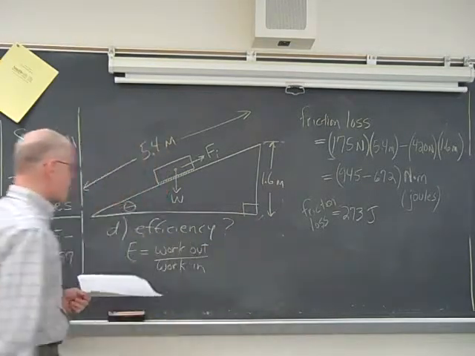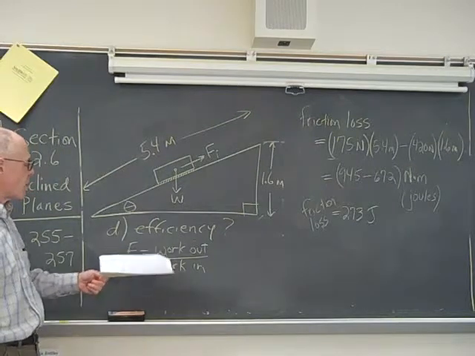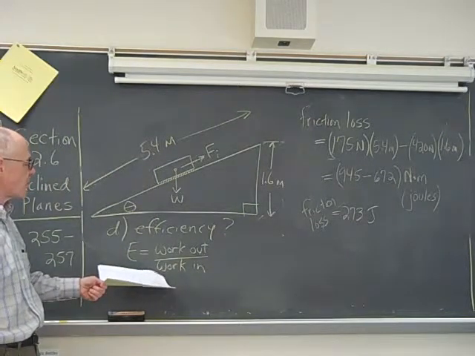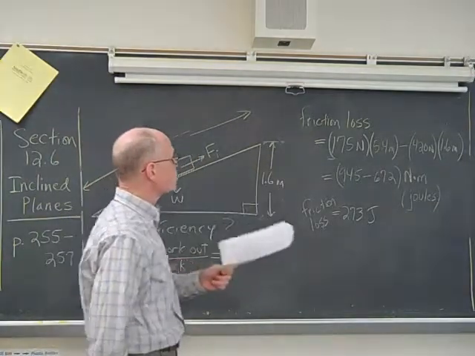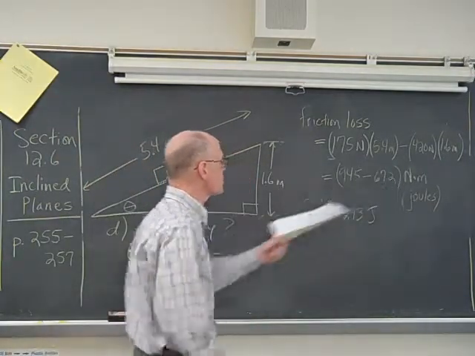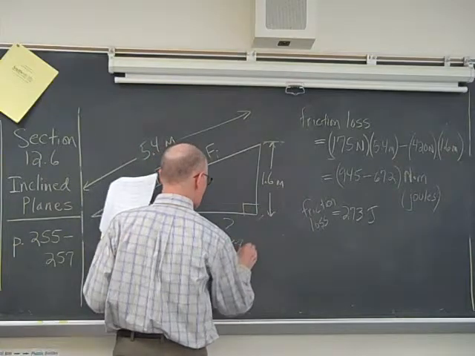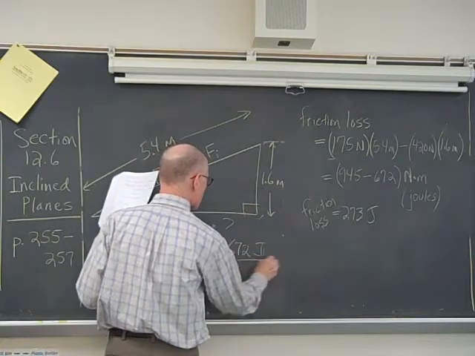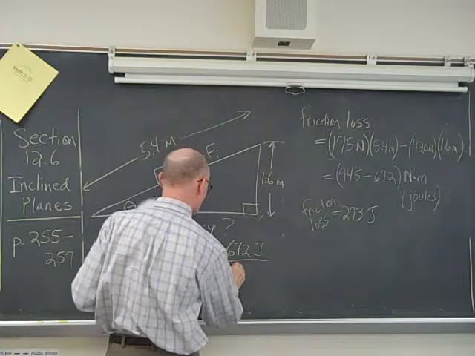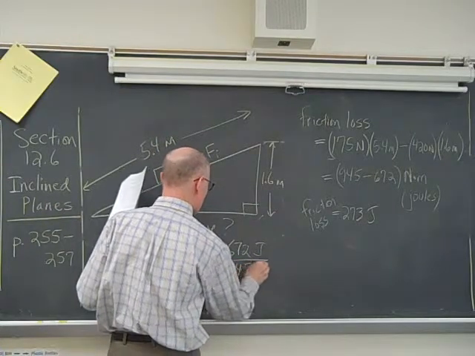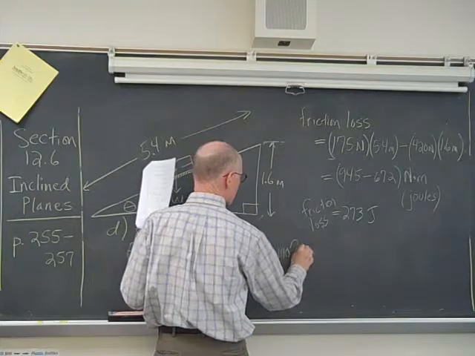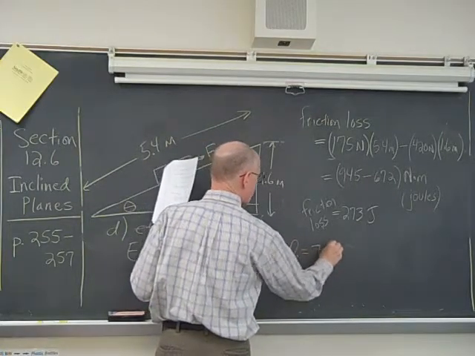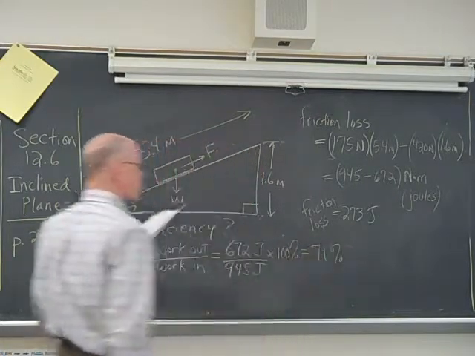In other words, what's the comparison between how much you get out compared to how much you put in? And so that would be your output work, which is the 672 joules divided by your input, which was 945. If you would like to express it in percent, you could multiply by 100%, and that should give you 71%.